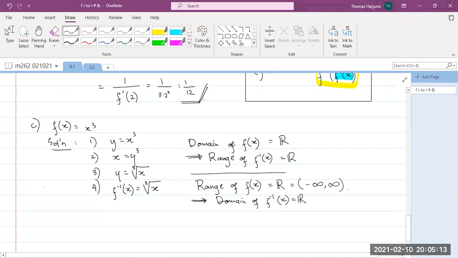Now, part D. Calculate the first derivative of the inverse function at A. If I don't use that theorem or formula, then the derivative of x to the 1/3 becomes 1/3 x to the negative 2/3 at A. So this is 1/3 times the cube root of A squared.